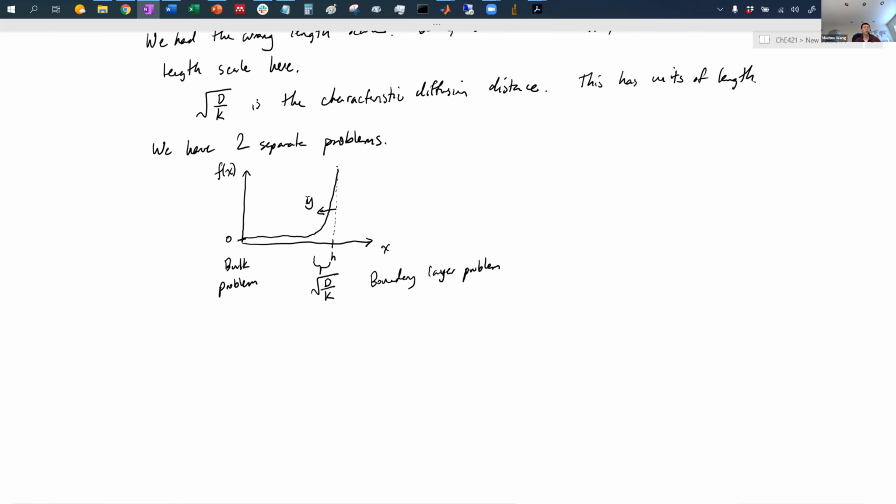Okay? It's going to be a non-dimensional variable, just like before, except it's going to be defined in terms of our new length scale. Okay? So I'll say in the boundary layer, I'll define a new position variable. Okay, that position is going to look like this.